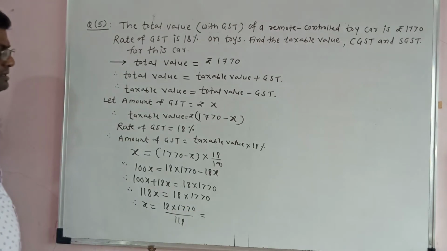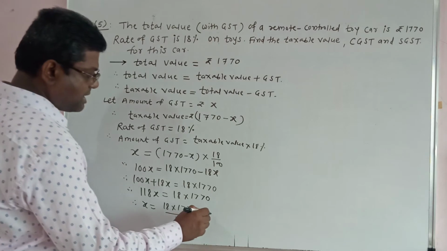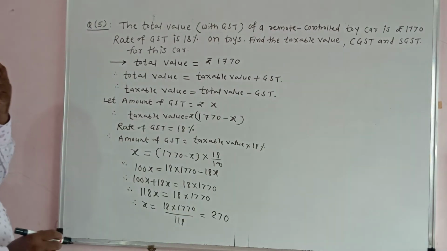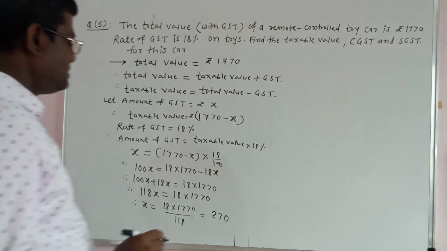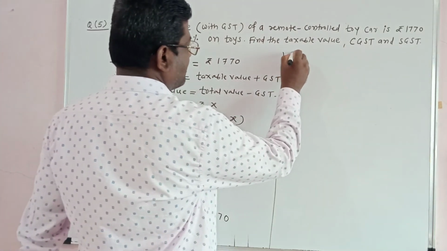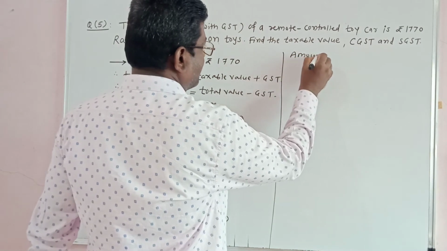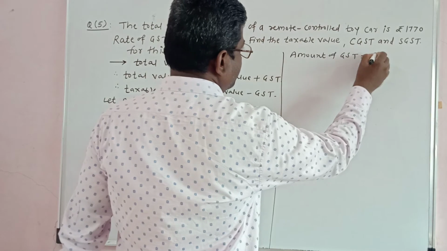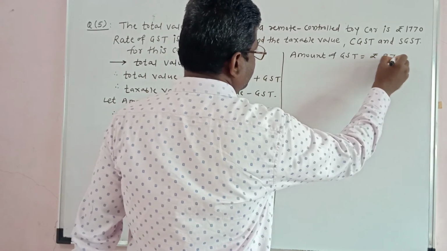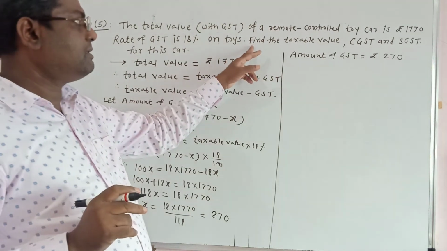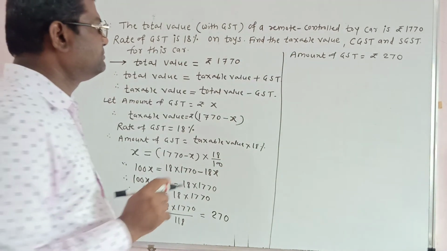Now calculate this value. If we calculate this value, we will get 270. Therefore amount of GST is equal to rupees 270. Now we have to find the taxable value.